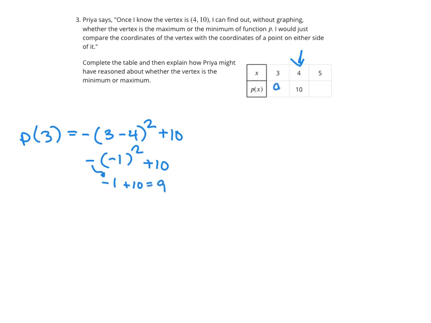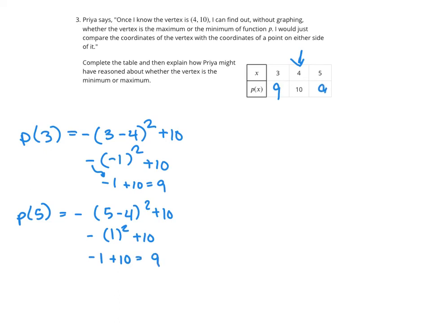So we have a 9. And then p of 5. 5 minus 4 squared plus 10. 5 minus 4 is 1. So my answer is 9. So because I see that this is my vertex, and that is lower, and that is lower, it is an unhappy parabola, and it opens down.